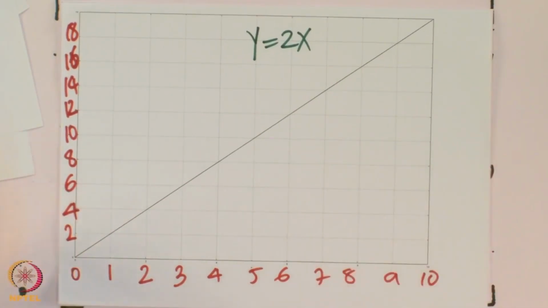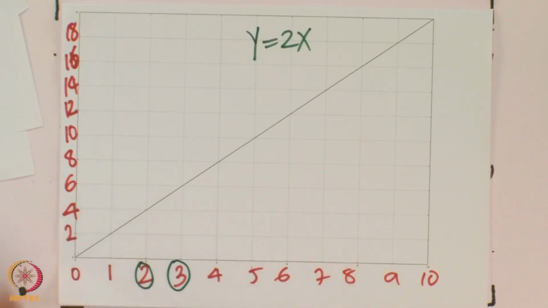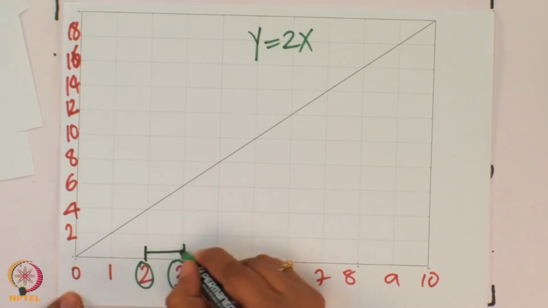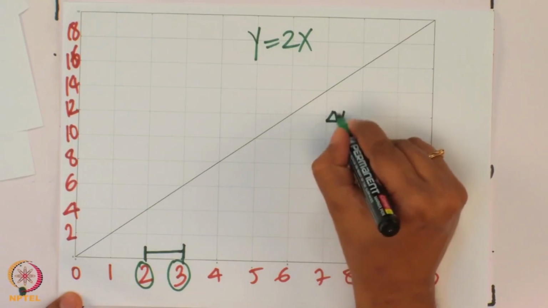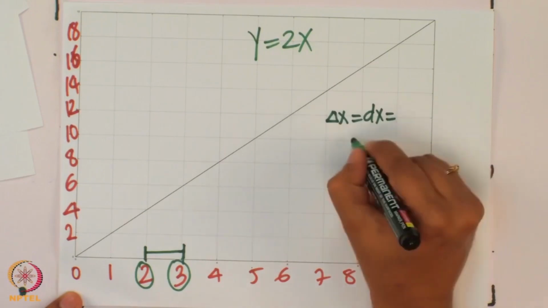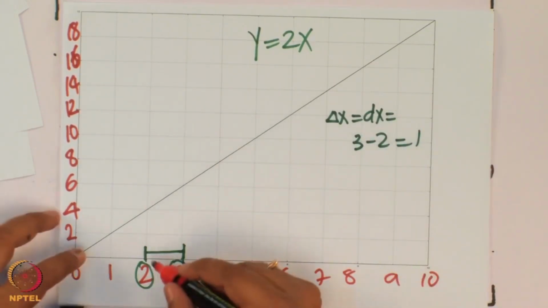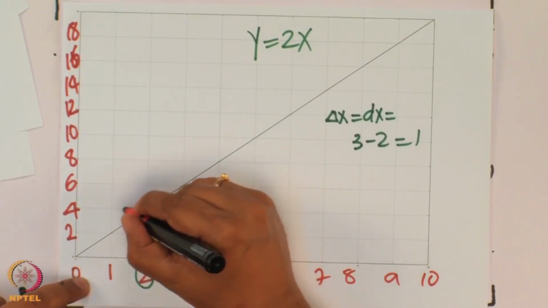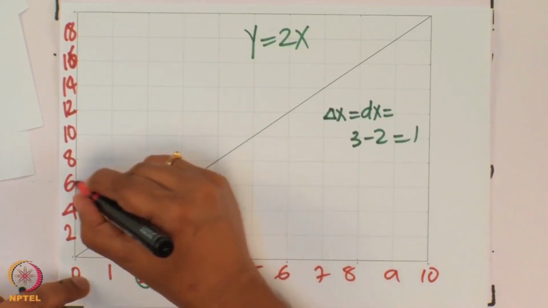Now as we just did, to calculate the derivative of this, you have to take any two values, 2 and 3. Find the difference between these x values, that is delta x or dx, which is 3 minus 2, which is 1. Then find the corresponding y values. The corresponding y value here is 4, and here it is 6.